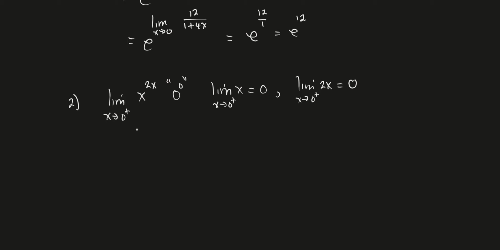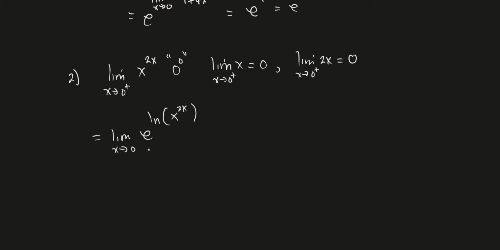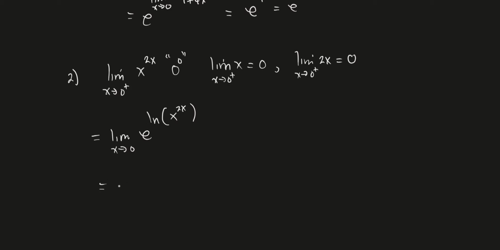All right. Well, we're going to use our change of base formula, so I'm going to replace x to the 2x with e to the ln of x to the 2x, right? And then right away I can bring down the 2x, so I'll have the limit as x approaches 0 plus of e to the 2x times the ln of x, right?